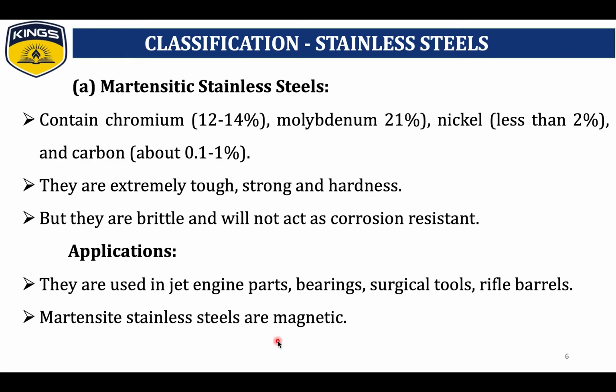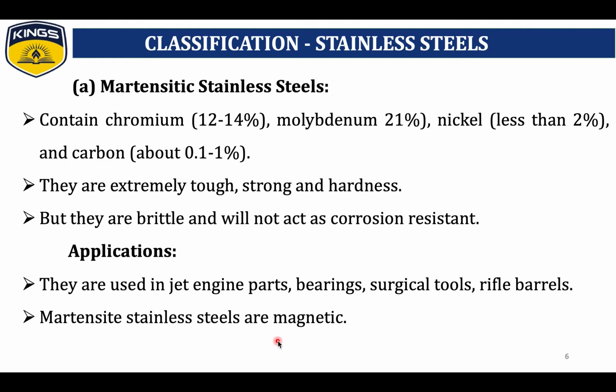This martensitic stainless steel contains chromium of 12 to 14 percentage and molybdenum of 21 percentage, nickel below 2 percentage, and carbon of 0.1 to 1 percentage.